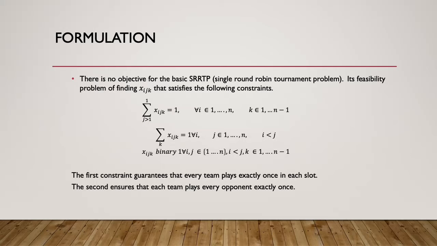The second constraint says that for every team j from 1 to n and i smaller than j, they play exactly once against each opponent. So the first constraint guarantees that every team plays exactly once in each slot, and the second ensures that each team plays every other opponent exactly once.